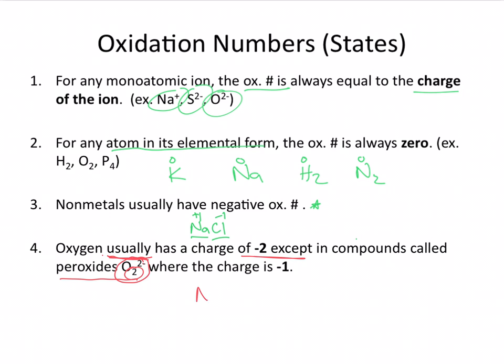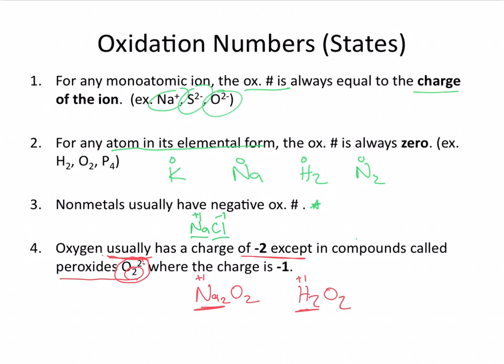Okay, and peroxides will usually show up like this: Na2O2, H2O2. Okay, there are other examples. The way that I always approach these problems is that I always look at what I have over here. So notice that the sodiums here and the hydrogens here, each one of those will have a +1 oxidation number, or +1 charge.